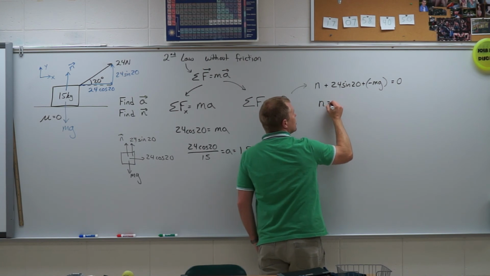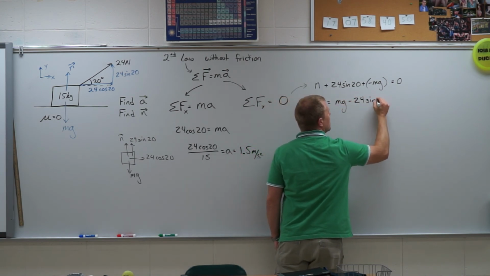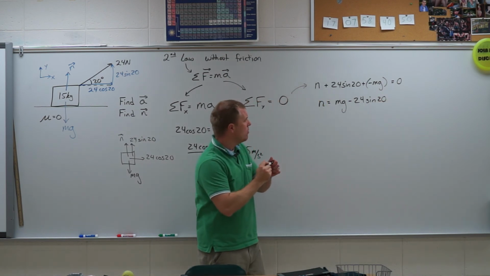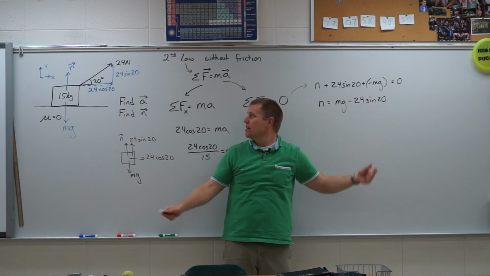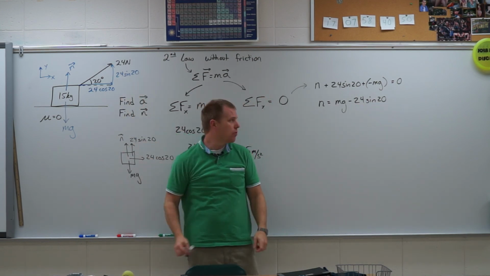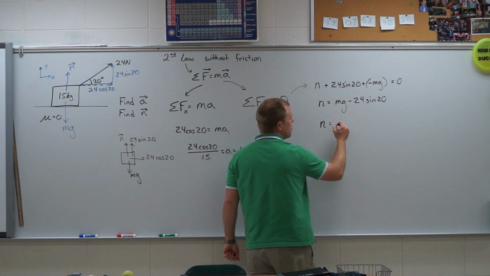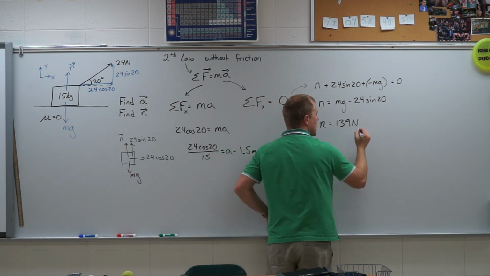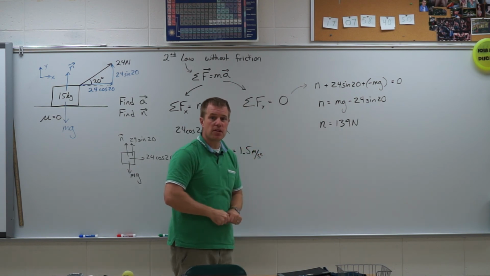So then n is just going to equal mg minus 24 sine 20. And you can think about the normal force has to support the weight minus the help it's getting from the angled force. Plug this into your calculator. You should get a normal force of 139 newtons. And again, this is going to be important for us when we get to friction. Let's do that next.